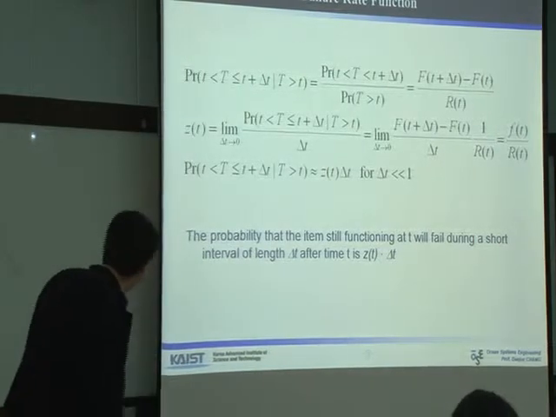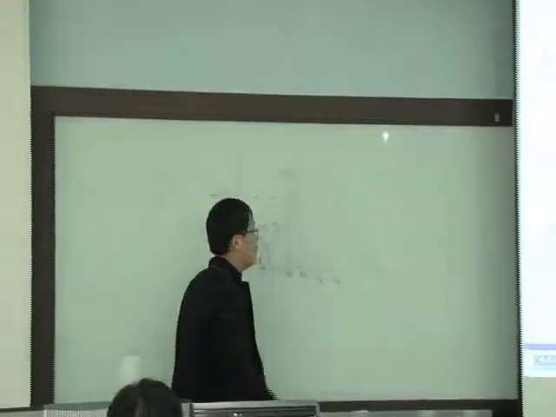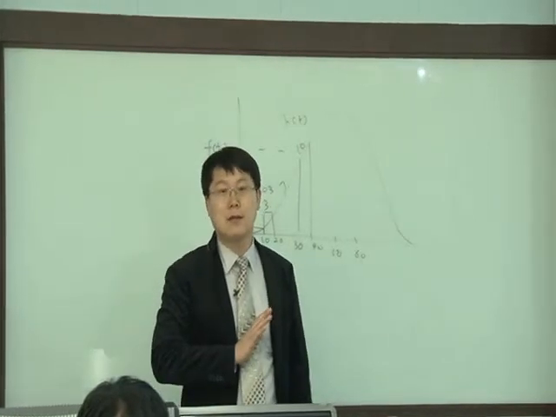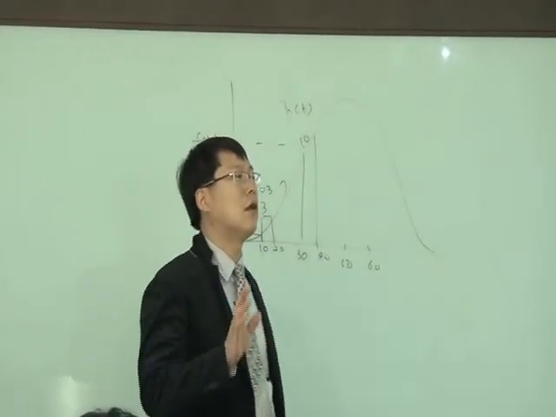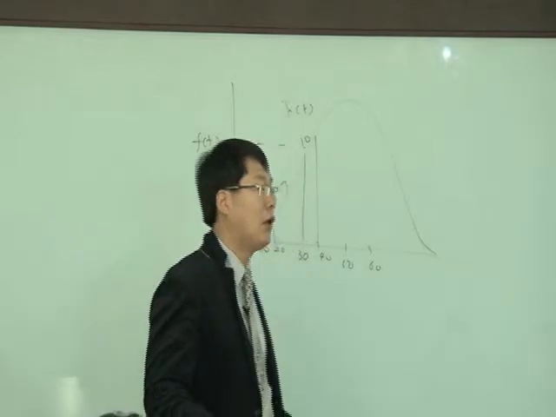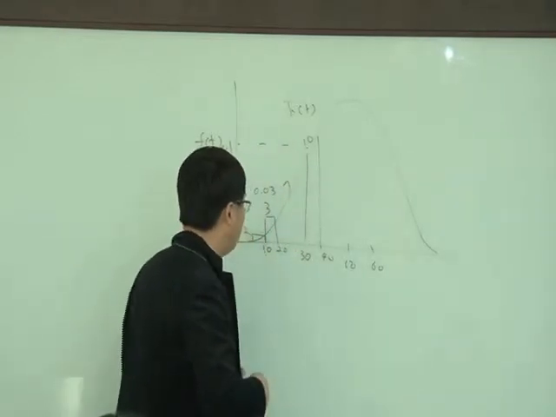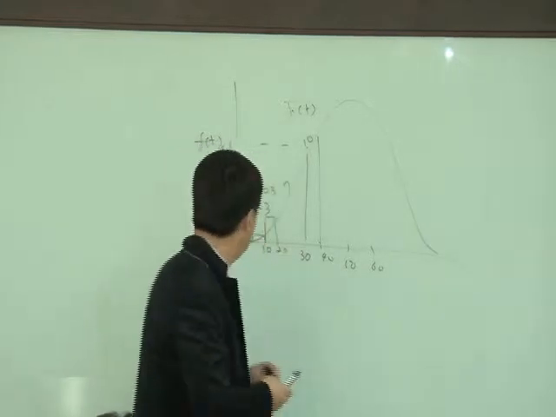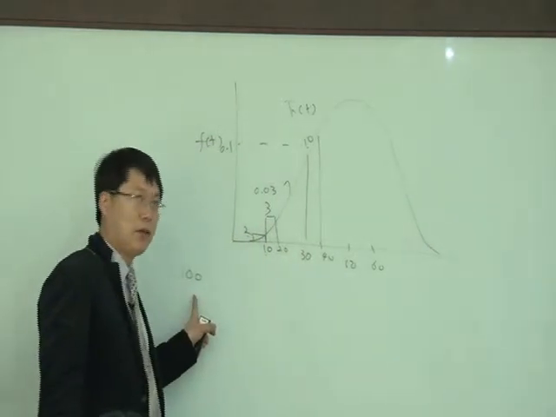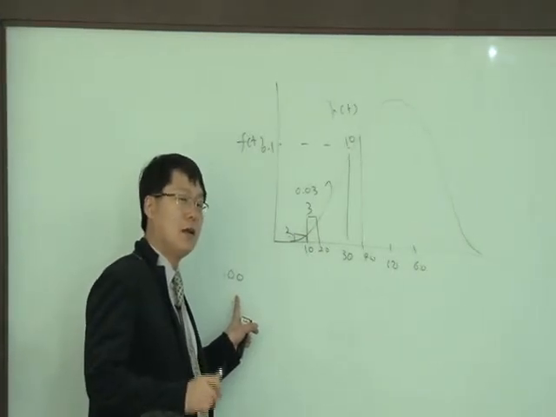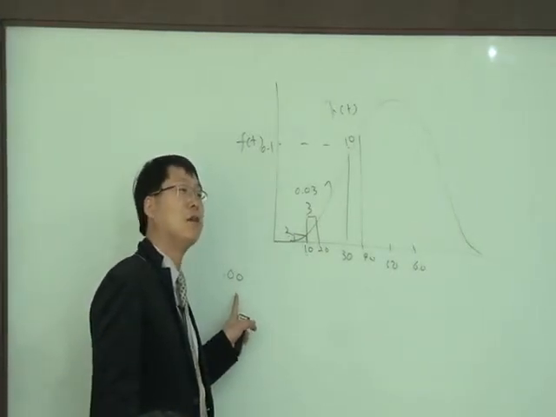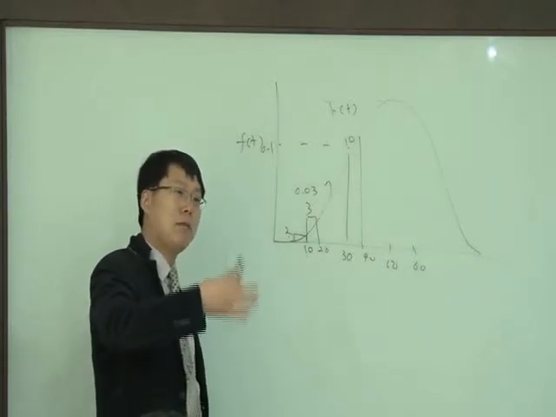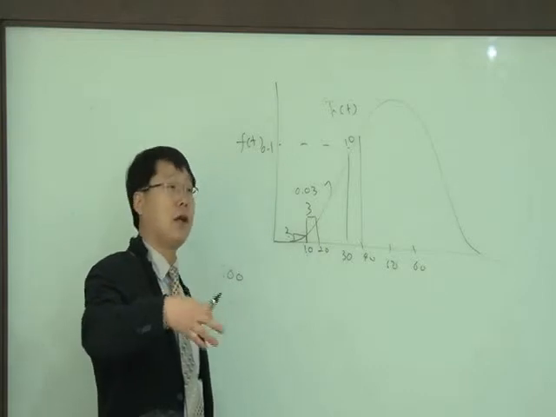So the mathematics is confusing, but consider the real world problem. After we are testing 100 people, let's consider 100 bulbs. As time goes on, some electric bulbs will fail.